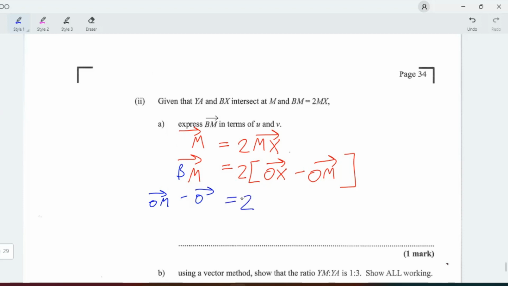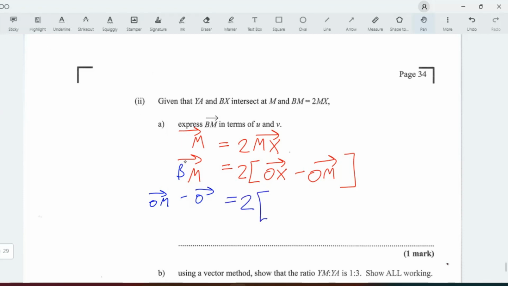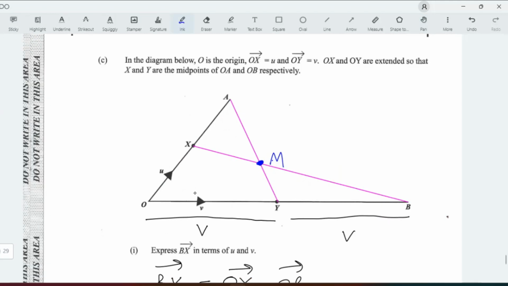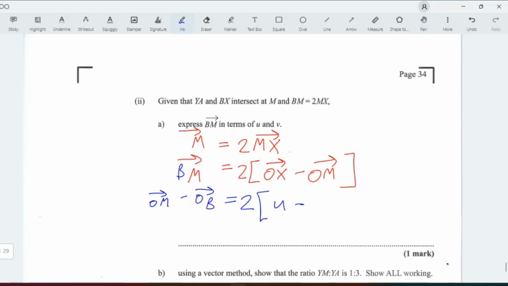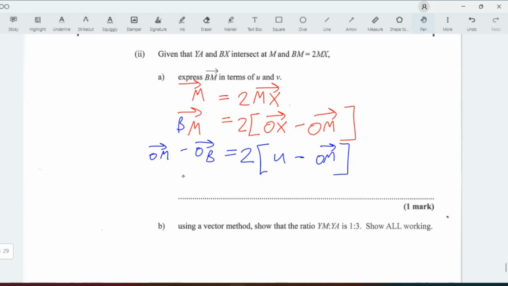That's equal to 2 in bracket OX, and we know what OX is. OX is U minus OM, and OB is 2V.